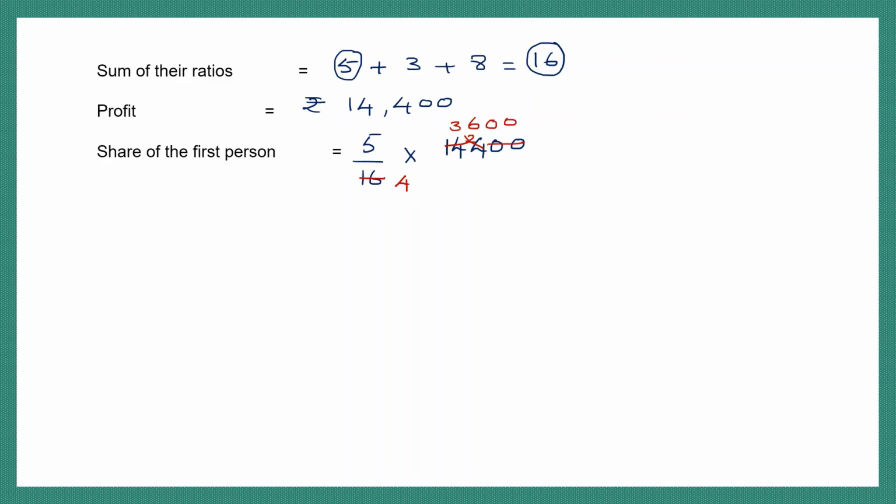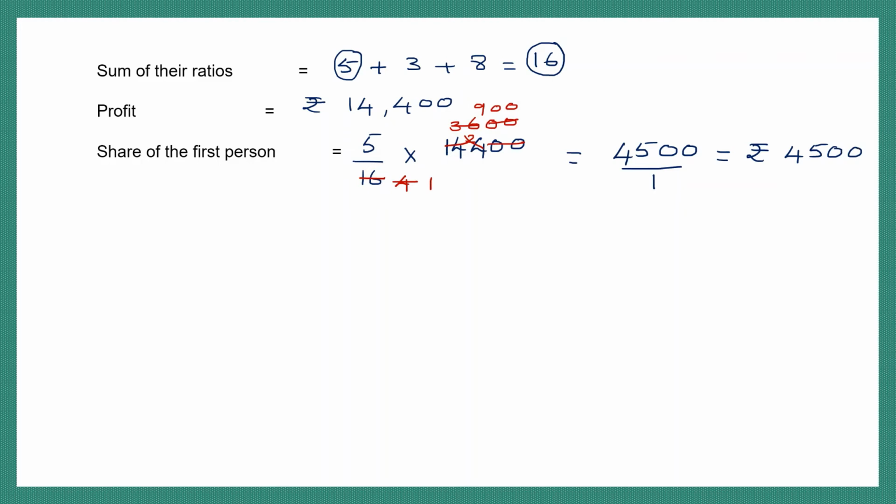I can again cancel by 4. 4 1s are 4. 4 9s are 36 and the zeros. So in my numerator, I have 5 into 900. So 5 nines are 45, and then I add both the zeros for 4,500 by 1. So the profit of the first person is rupees 4,500.